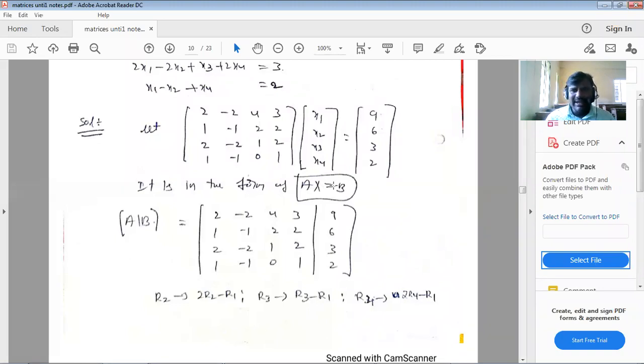Eigenvalues and eigenvectors are very similar. What are the vectors transformed into a scalar multiple of themselves? Ax equals lambda x. Those vectors are called eigenvectors, and the scalar lambda is called the eigenvalue.